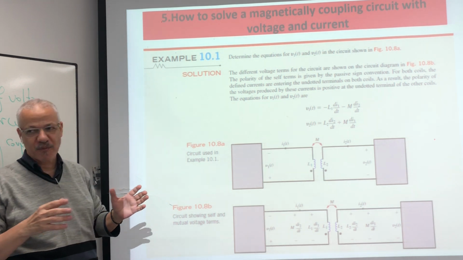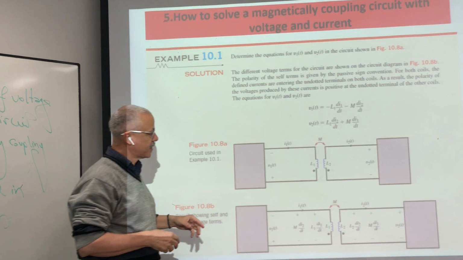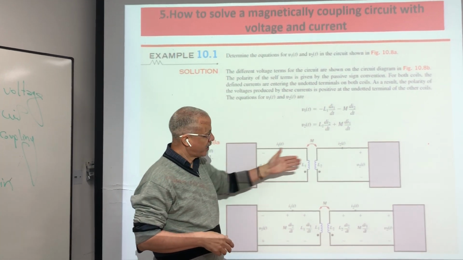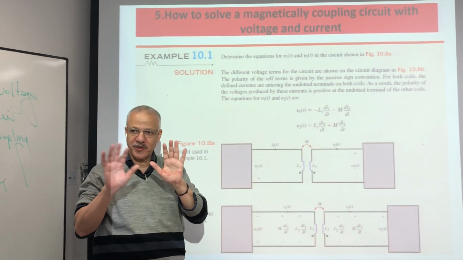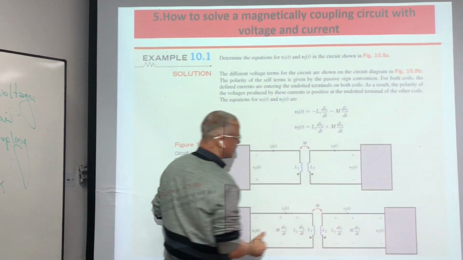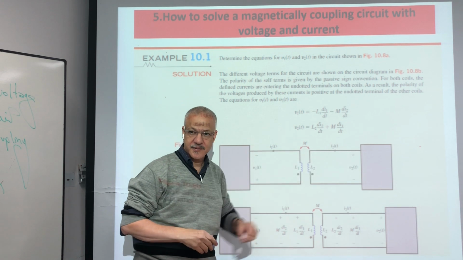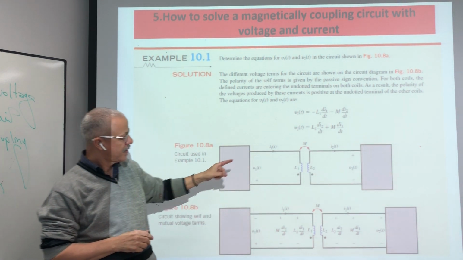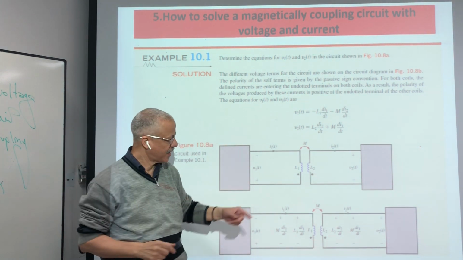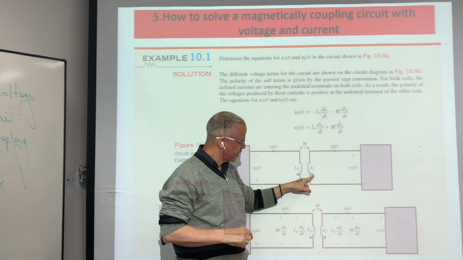Now, maybe you face a problem. What is the problem? If we ask you to calculate V1 and V2, keep this one and keep this one. Look at the dots, and look at the currents. As we explained before, the current is in the same direction and the dots are typically the same.